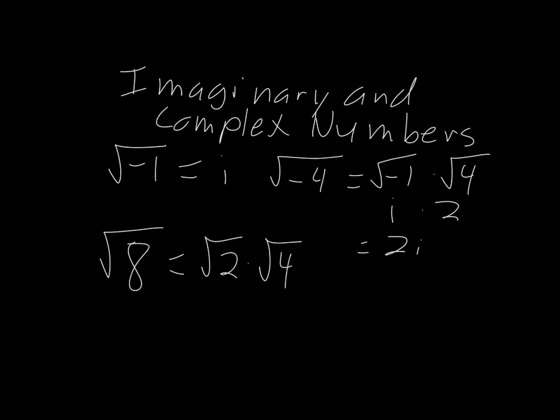Well, the square root of 2 doesn't have a nice square root, but the square root of 4 does, and so that can become a plain 2. Normally we don't write it like that. What we normally do is write it as 2 square root of 2. Basically, we're showing that this 2 on the left is not under the square root with that 2.